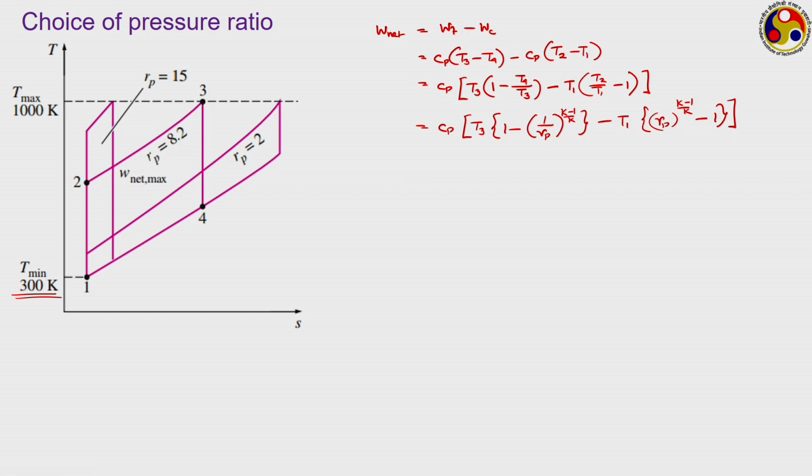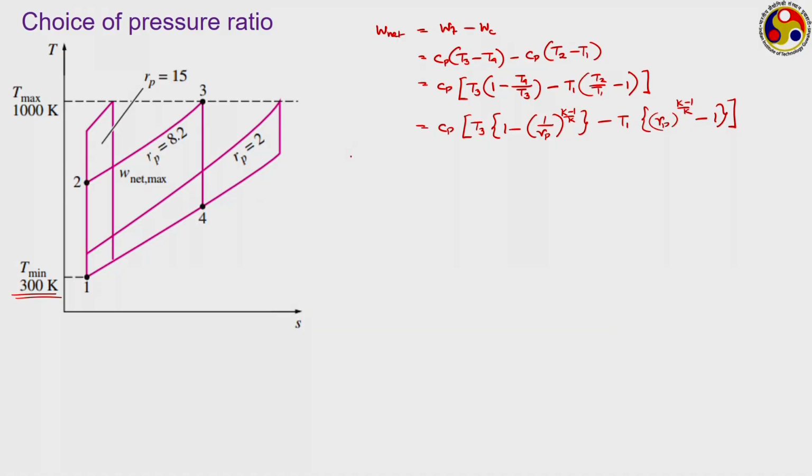In order to maximize this work output with Rp, what we have to do is differentiate this expression with respect to Rp, dW net by dRp, and set that equal to 0. Remember, T3 and T1 are constant, Cp is also a constant, and k is also a constant. So, Rp is the only one that is varying here.